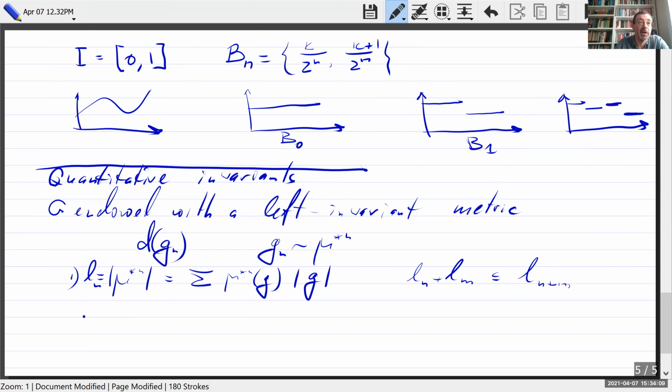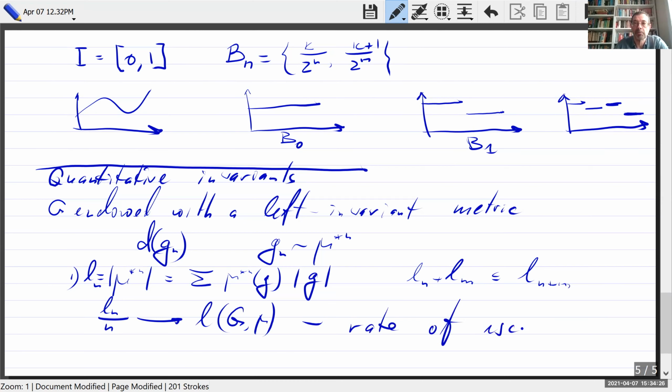Therefore, if I divide these distances by n, they will converge to a limit, which is called the rate of escape of our random walk. Now maybe I will at least formulate this fact.